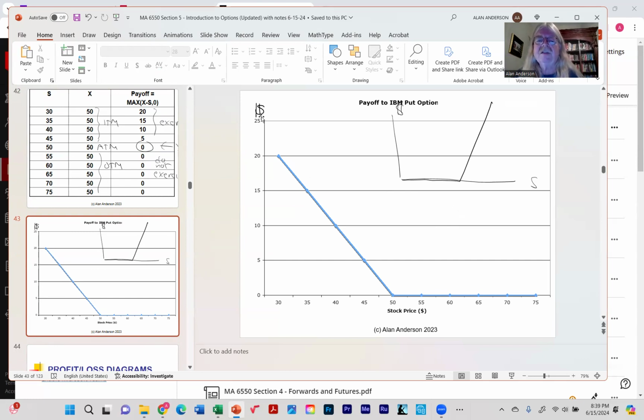It's as if the vertical axis was a big mirror, and you look in the mirror and you see the opposite on the other side. And if you notice here, the slope is 0 when the option is out of the money. Here it's at the money, and here it's in the money, but the slope is actually -1, as opposed to +1 for the call.